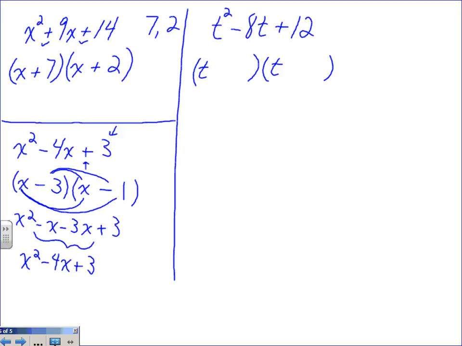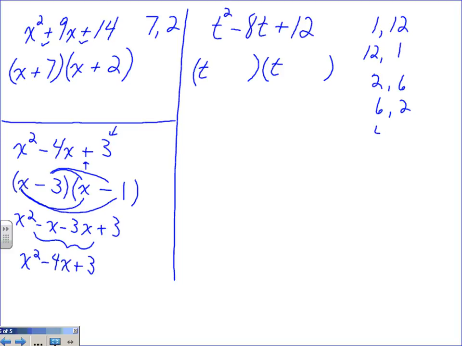Okay, what are my choices for 12? Well, I could have 1 and 12, or 12 and 1. 1 times 12 is 12, 12 times 1 is 12. Or it could be 2 and 6, or 6 and 2.